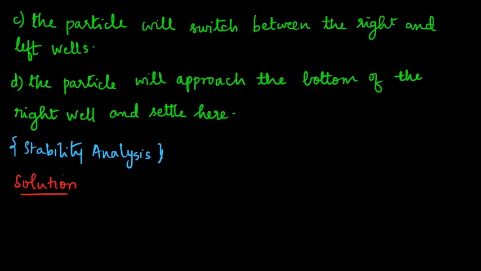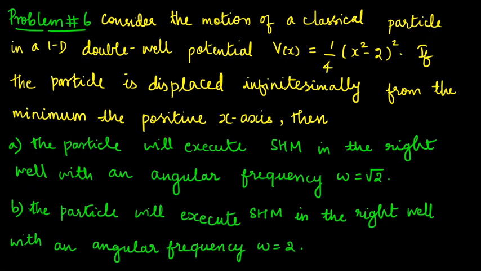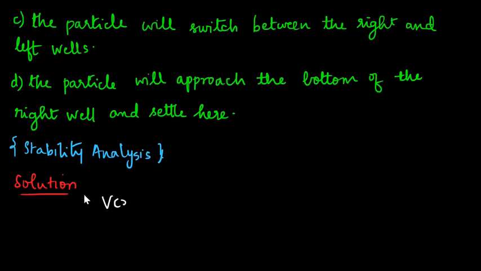So let us see our omega value. Using this, we have our V of x to be 1 by 4 (x squared minus 2) the whole square. So the first thing is to find the equilibrium points.